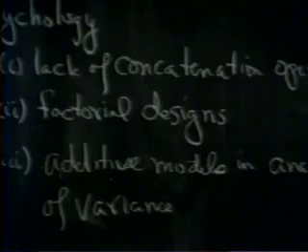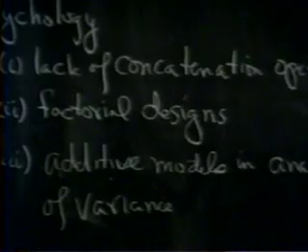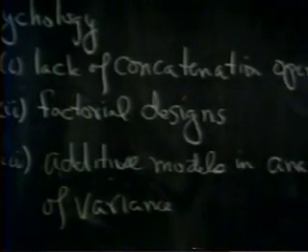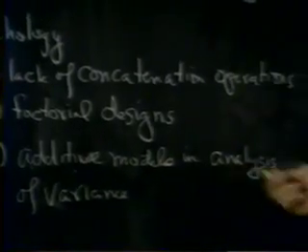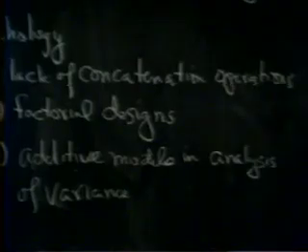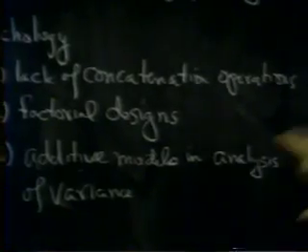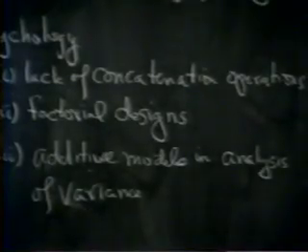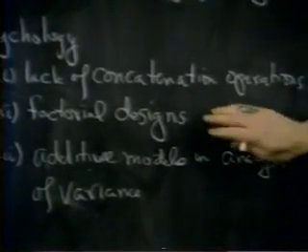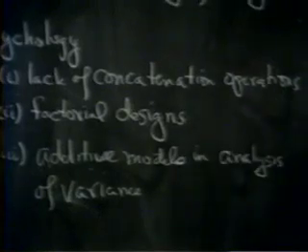In particular, in a lot of the statistical analysis used in psychology, additive models are proposed, and they play a very important role in the analysis of variance. So psychology is fairly strongly motivated to try and study situations in which the structure is factorial in character.